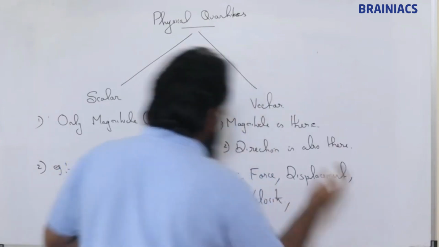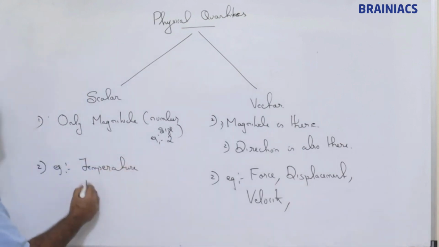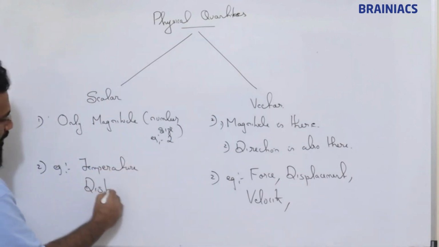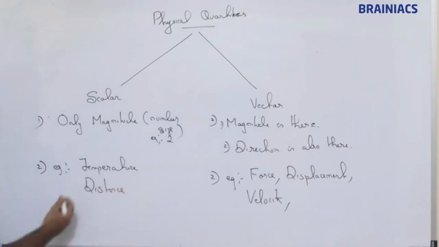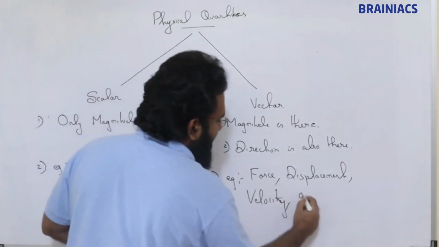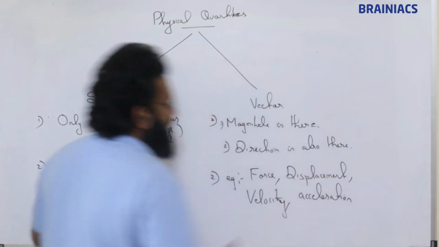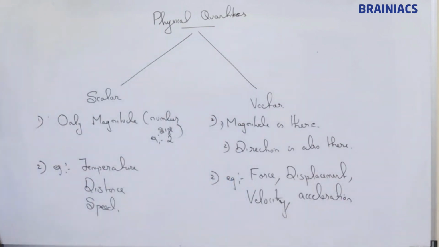Velocity, all these. Other than that, what can we write in the place of displacement? Distance. Distance is scalar. Speed is also scalar. Velocity, and here we can say acceleration. So all these are examples of scalar and vector. Note it down.